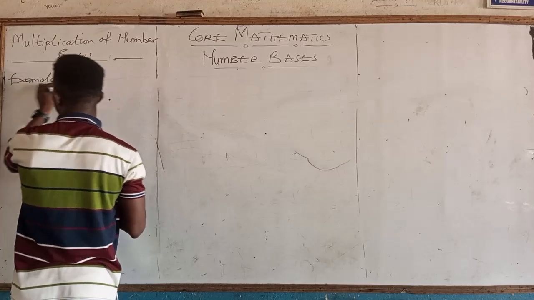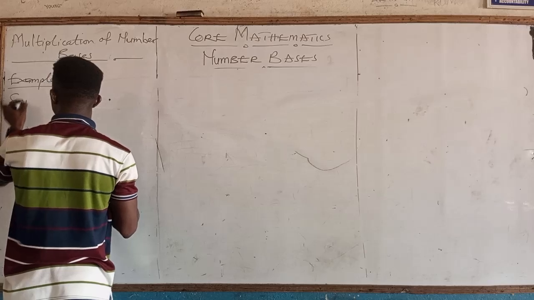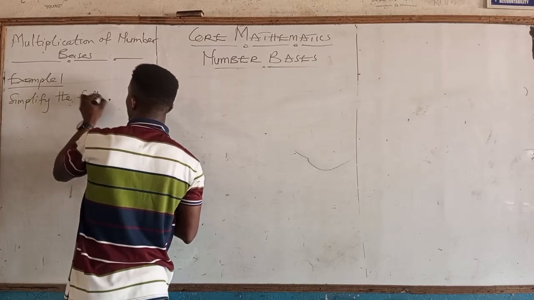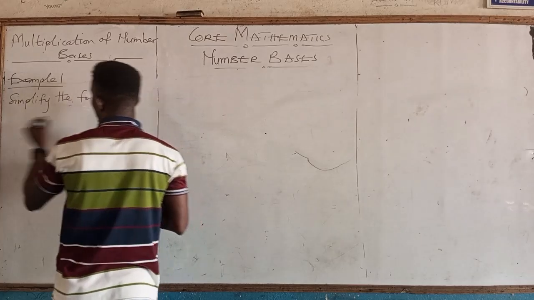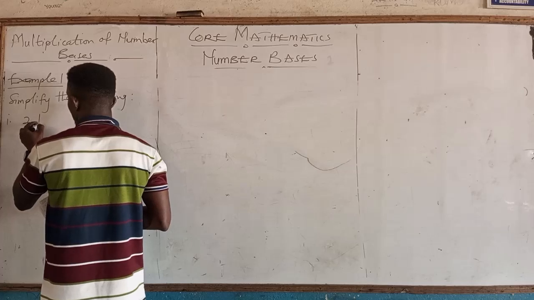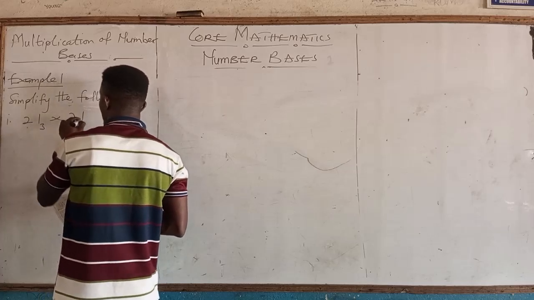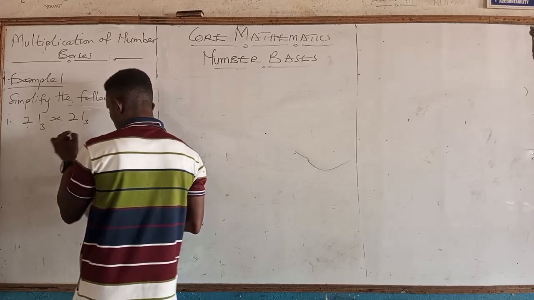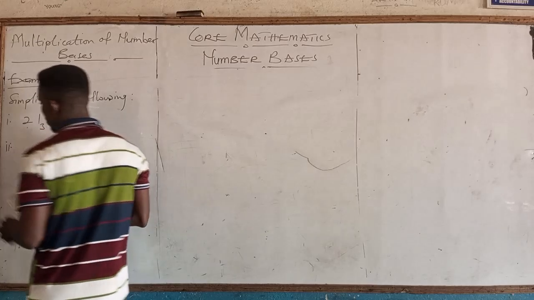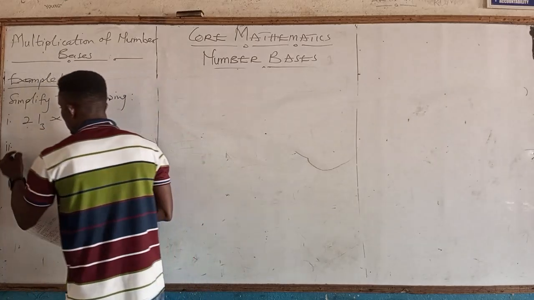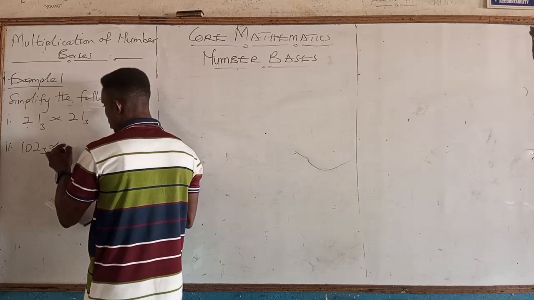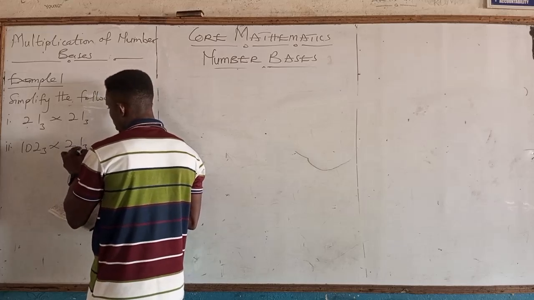Our first example is the following. I have 2 1 base 3 multiplying 2 1 base 3. Number two is 1 0 2 base 3 multiplying 2 1 base 3.